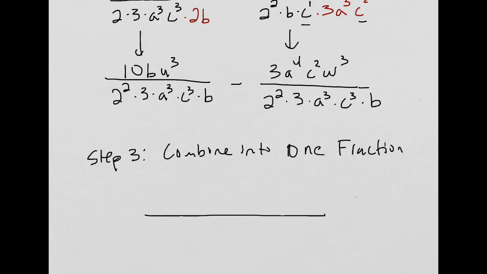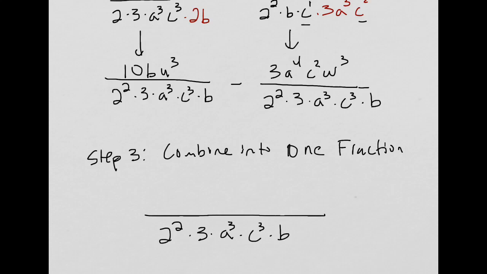So I know that our denominator is just going to end up being 2 squared times 3 times a to the third times c to the third times b. And then I'm just going to subtract my two tops.